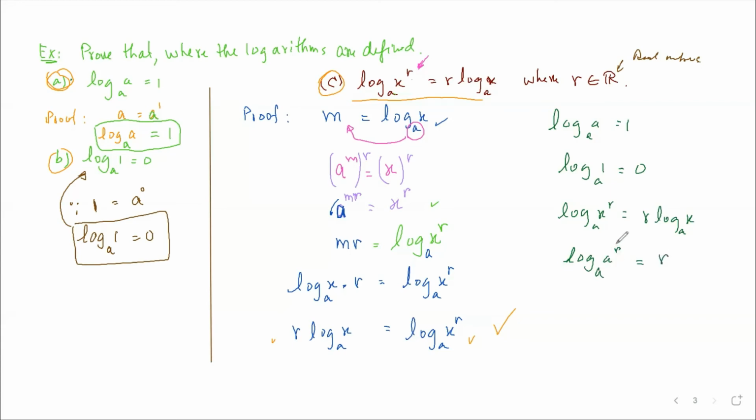Why? r can move to the front according to this formula, so it becomes r log a base a, which equals r, because log a base a equals 1. So 1 times r equals r. And another one is, if I have a to the power log r base a, this equals r.